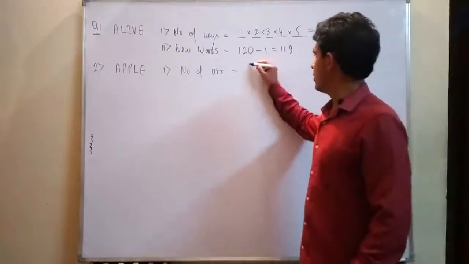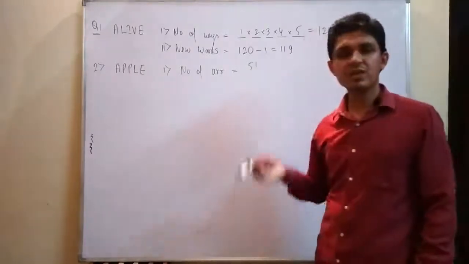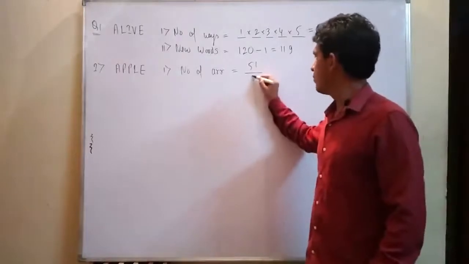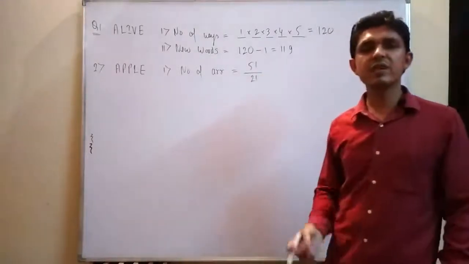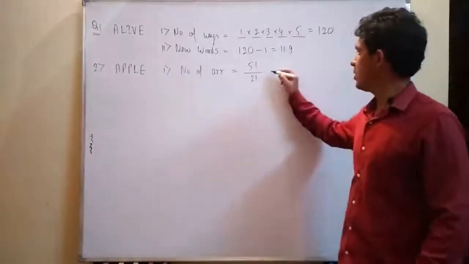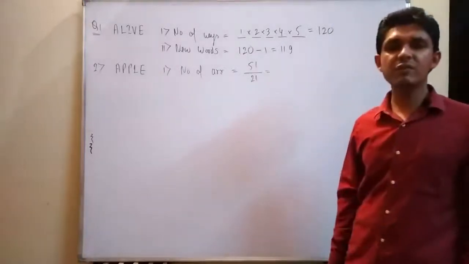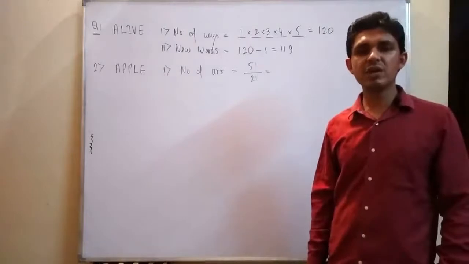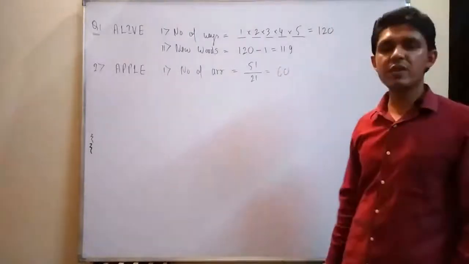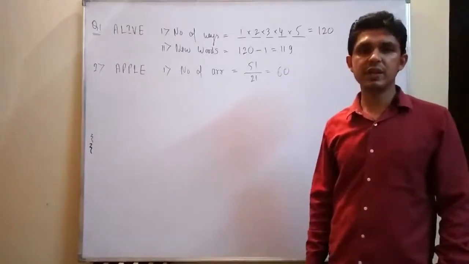So the answer will be factorial 5, because we have to arrange 5 letters, divided by factorial 2, because P is repeated 2 times. The value of factorial 5 is 120, and 120 divided by 2 is 60. So your answer will be 60, right?